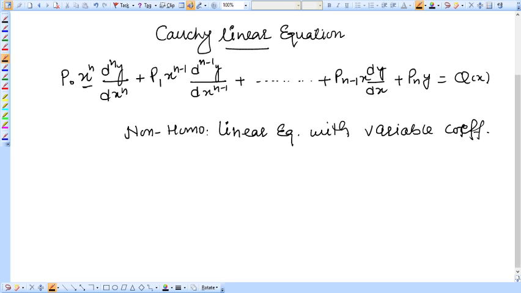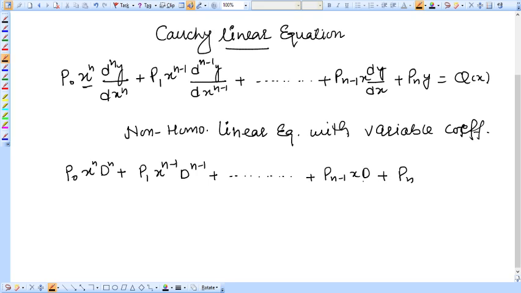Firstly, we used to write them in the symbolic form. The symbolic form is p naught x raised to power n D^n plus p1 x^(n-1) D^(n-1) plus so on plus p(n-1) x D plus pn, operating on y, equal to q(x).